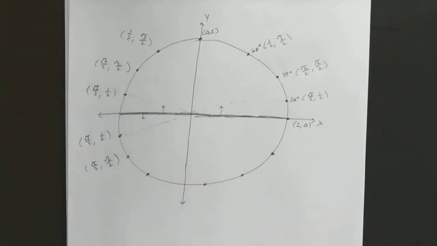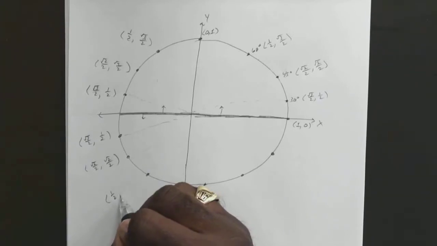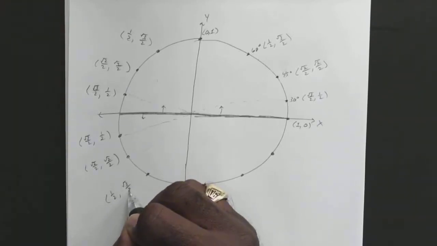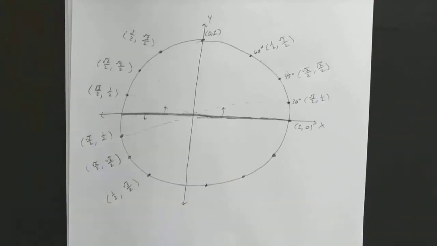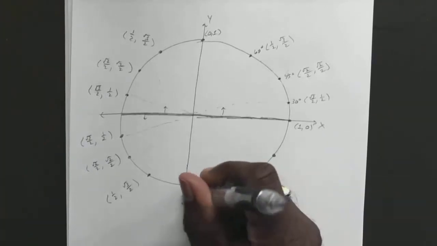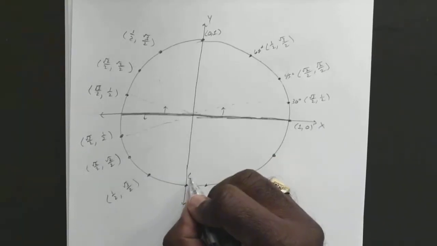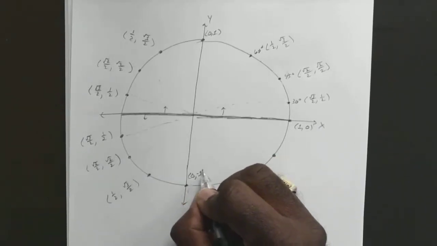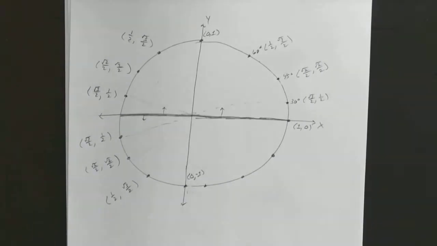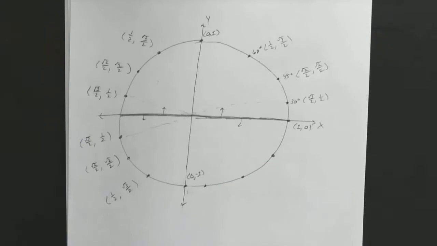And again, if we started here and swung it 60 degrees that way, we'll be at that point, and we'll be at 1/2, square root of 3 over 2. And here's our 0, -1.